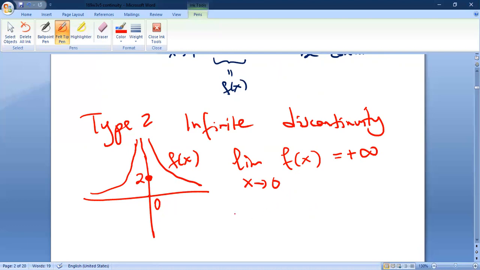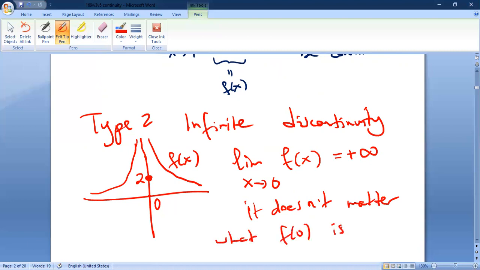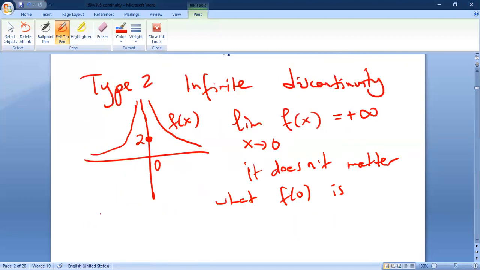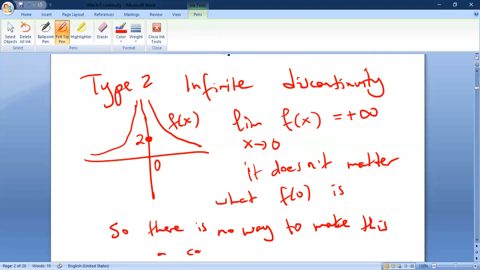Well, then it doesn't matter what f of 0 is, because it's going to be some finite number, and a finite number and an infinite limit will never be equal, so there is no way to fix this discontinuity. There is no way to make this a continuous function.